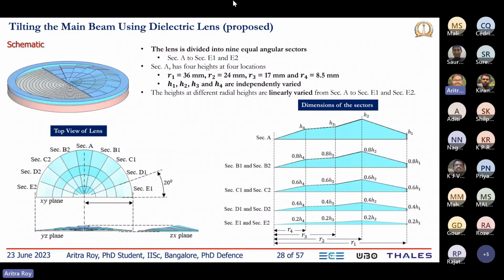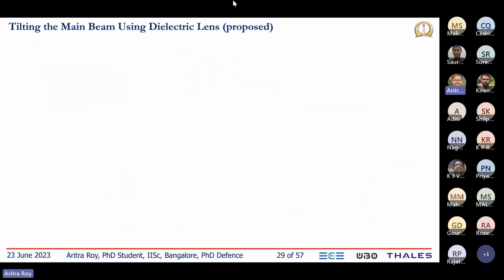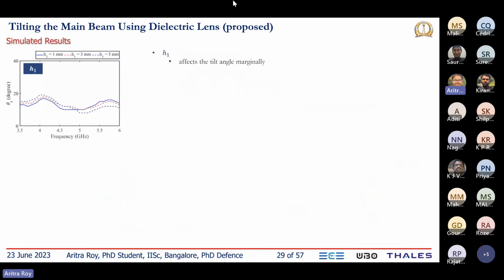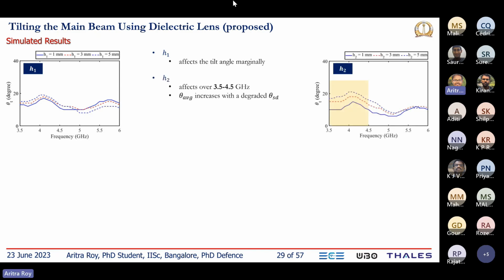Now our target was to investigate what happens to the frequency response if we change H1, H2, H3, and H4 independently. So for that, we first varied H1, and by varying H1, we do not see much effect in the tilt response of the antenna. All the responses almost overlap with each other. When we vary H2, we can see there is a variation between 3.5 to 4.75 gigahertz.